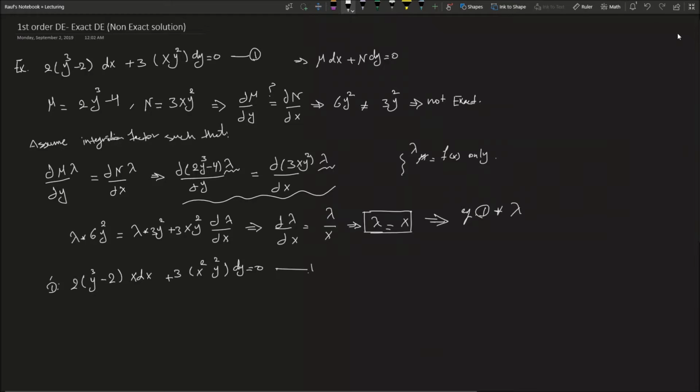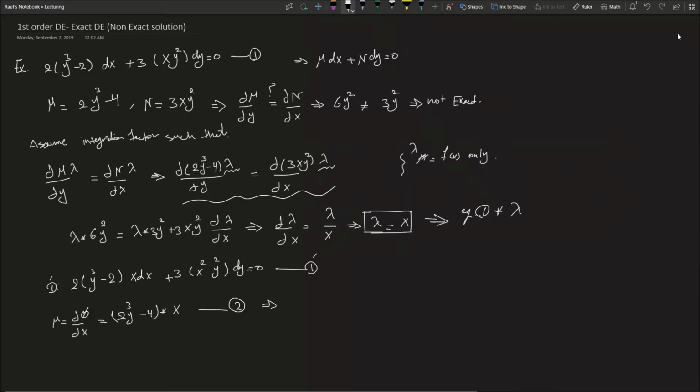So this is equation 1 prime. Now we said mu equals partial phi over partial x, which equals 2y cubed minus 4 all multiplied by x. You can call this equation number 2.